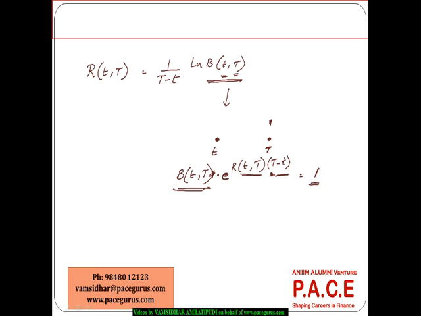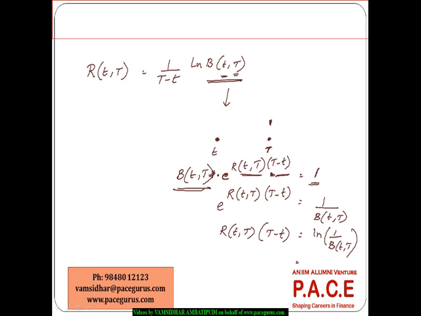The maturity is T minus t periods away from now. So just writing it the other way, e to the power of R(t,T) times (T minus t) equals 1 by B(t,T). Again taking it out, R(t,T) times (T minus t) is equal to log 1 by B(t,T).